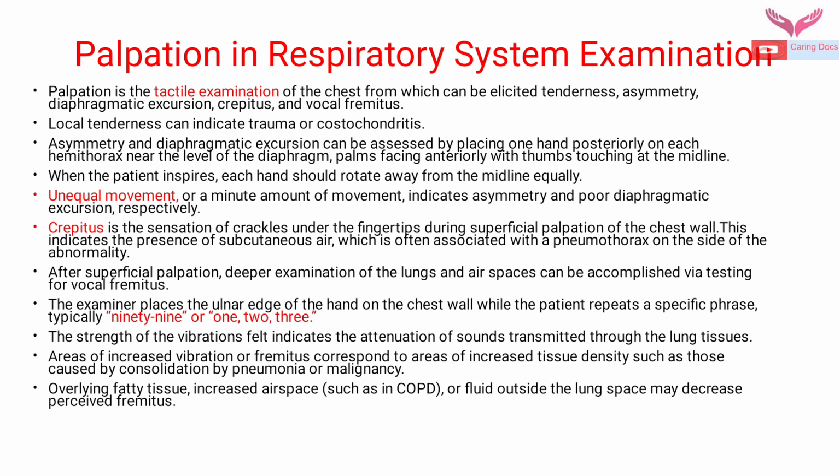Areas of increased vibration or fremitus correspond to areas of increased tissue density, such as those caused by consolidation by pneumonia or malignancy. Overlying fatty tissue, increased air space as in COPD, or fluid outside the lung space may decrease the perceived fremitus.